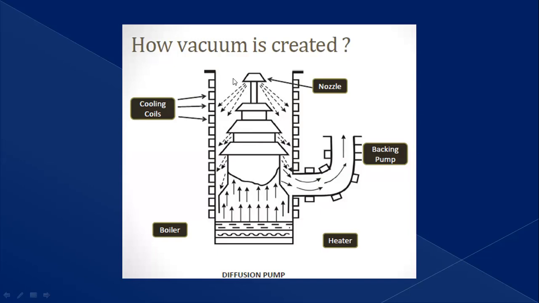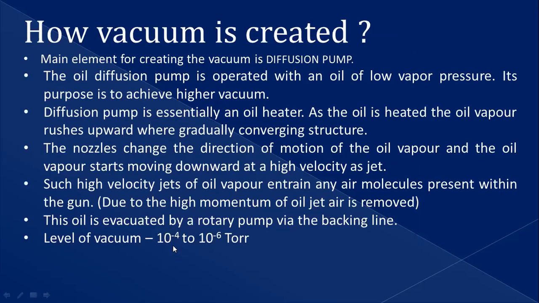Because these nozzles are throughout the chamber, they evacuate air molecules along with them, because these vapors travel at high velocity. So this is how a diffusion pump works to create a vacuum of level 10⁻⁴ to 10⁻⁶ torr.